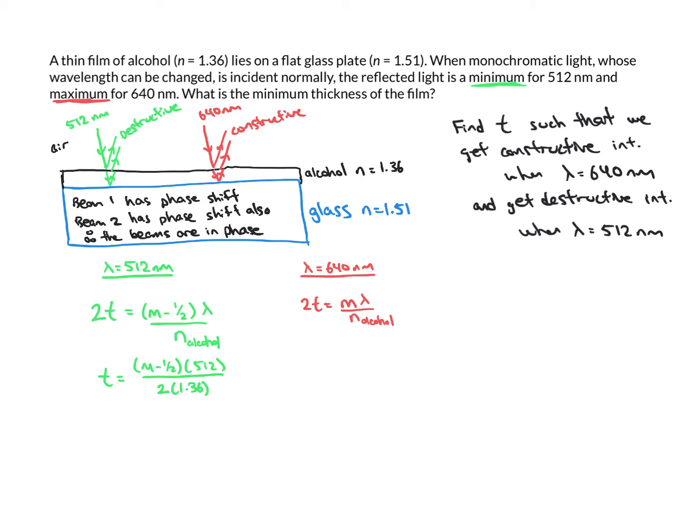And over on the red side, same thing, divide both sides by 2. The wavelength, sub it in as 640. The index of the alcohol, sub in 1.36. Okay, I'm going to simplify the numerical parts of these.